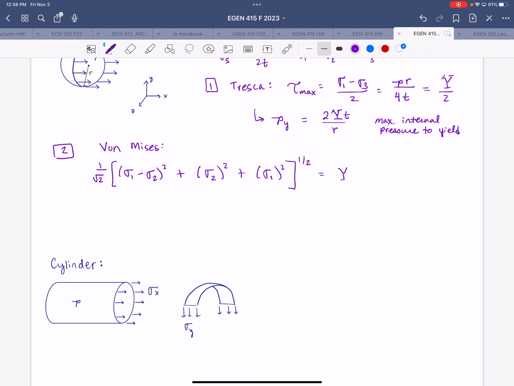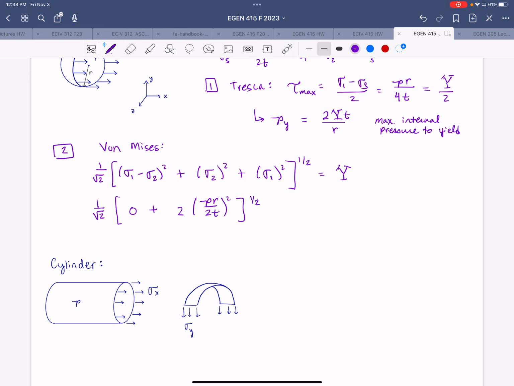Set that equal to our yield stress. And since sigma 1 and sigma 2 are the same, we have 0 plus 2 times PR over 2T squared.